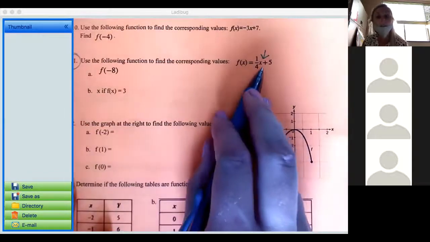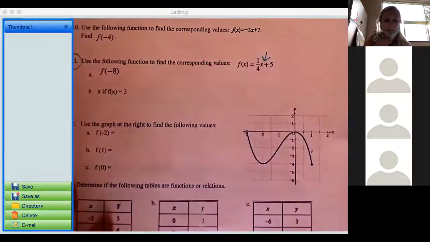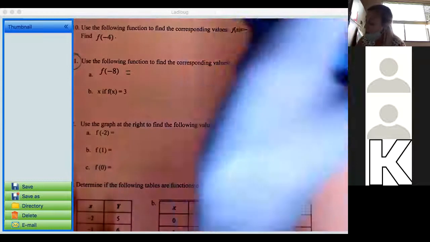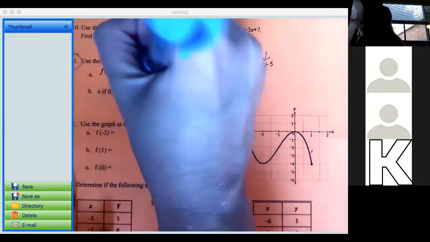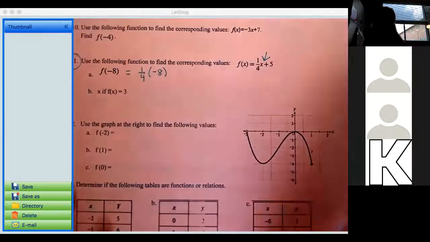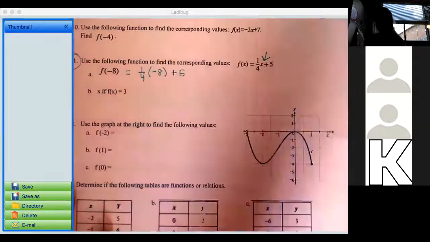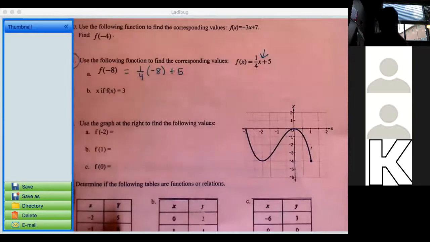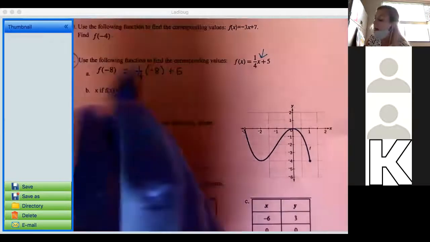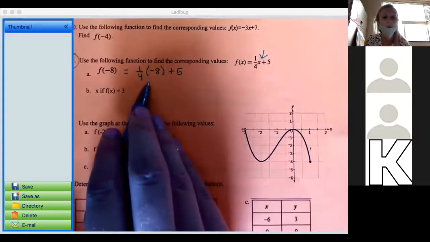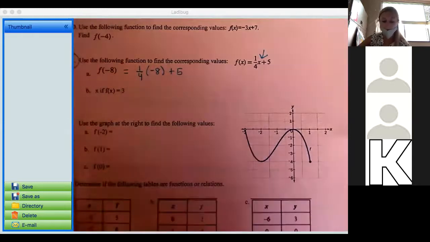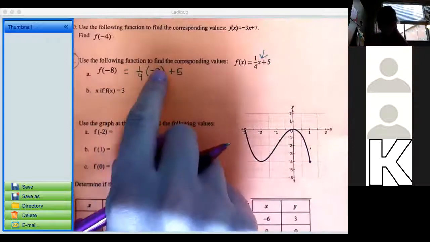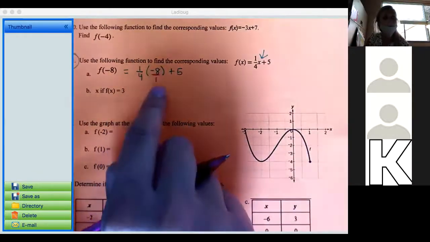So instead of an X here, what am I going to input? Good, -8. So this will be 1/4. Instead of an X, I'm inputting -8 plus 5. All right, and then I think this is also where we're messing up. When you multiply this, you don't multiply the 8 by the 4. When you multiply fractions, you do numerator times numerator, denominator times denominator.